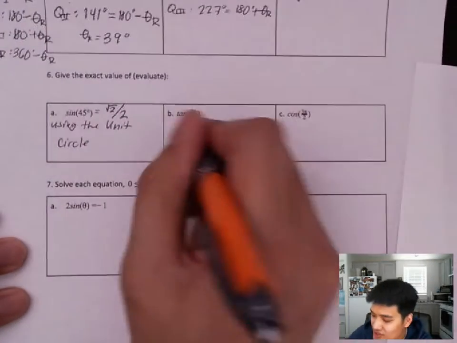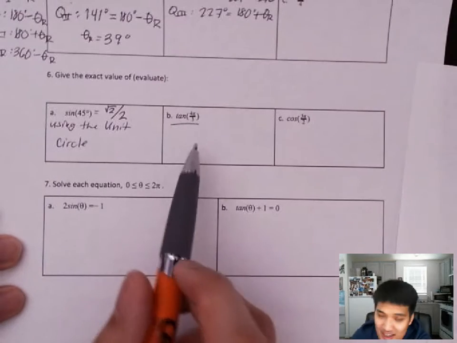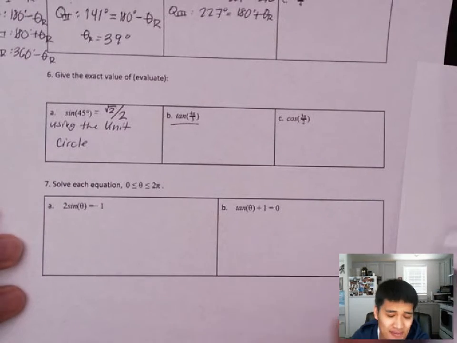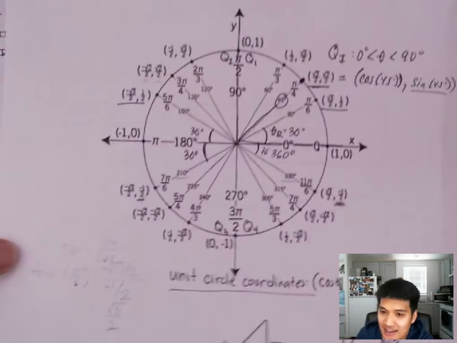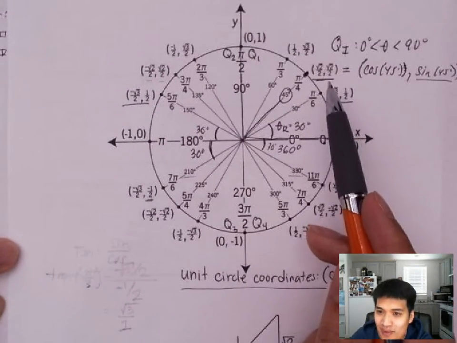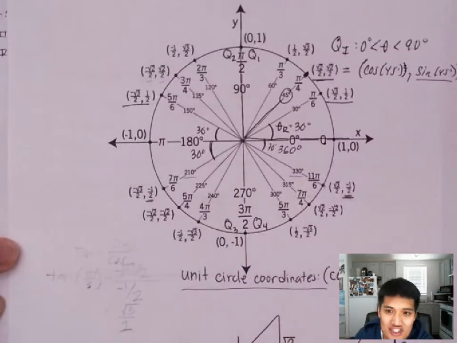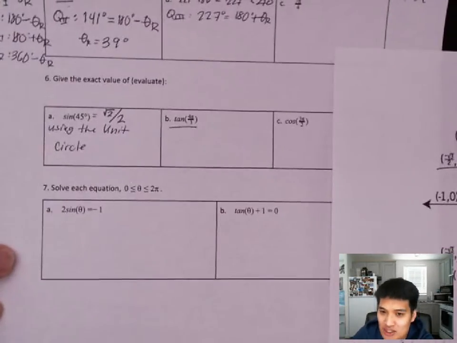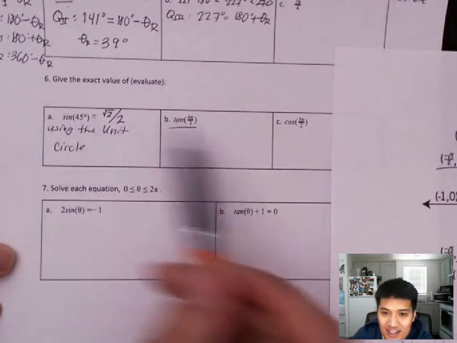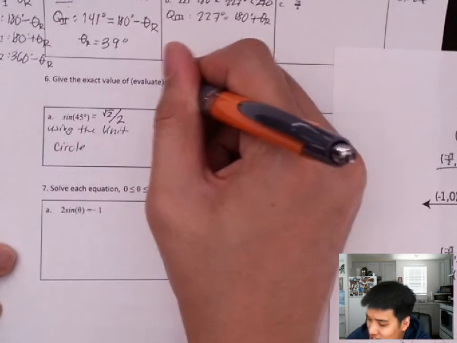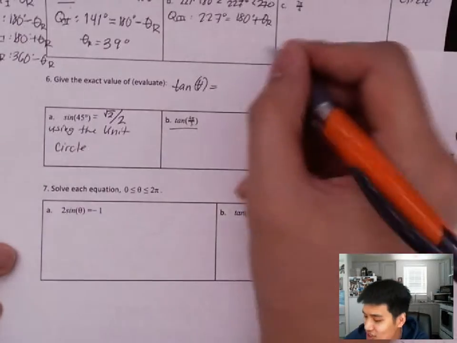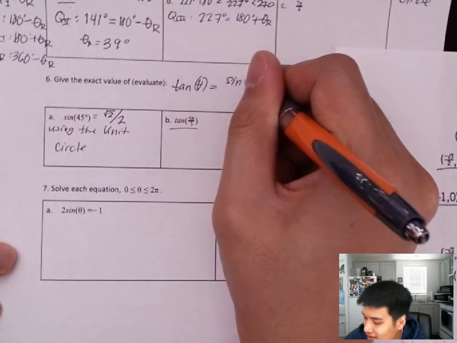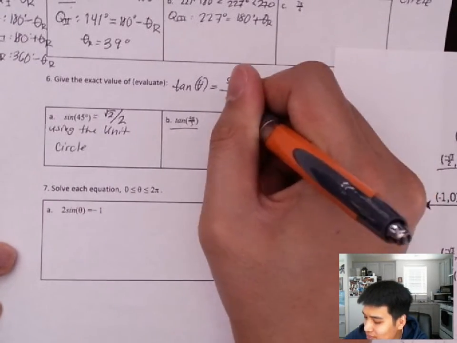Okay. So tangent here is a little different because it's not just one part. I mean, it is one particular value, but it's not directly stated in the unit circle. You might have to do a little bit more calculation because the relationship between tangent, sine, and cosine is that tangent of a given angle is the sine of that angle divided by cosine.